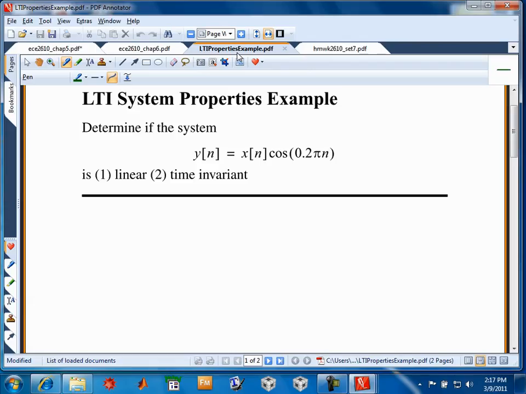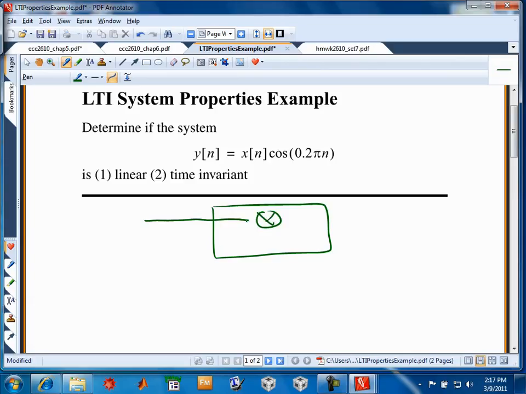Basically, we've already worked an example like this. It's just a slightly different variation on it. If I was to draw a block diagram for it, I'd say it looks like our signal is entering a system that gets a gain applied to it, and that gain is a function of time.